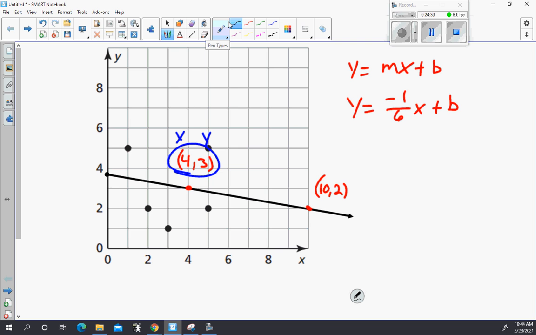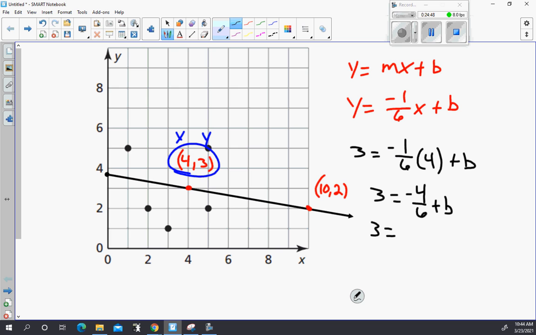So 3 equals negative 1/6 times 4 plus b. Now, solve for b. 3 equals negative 4 over 6 plus b. 3 equals negative 2 over 3 plus b. We have to add 2/3.